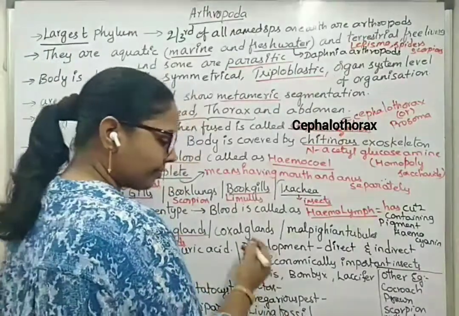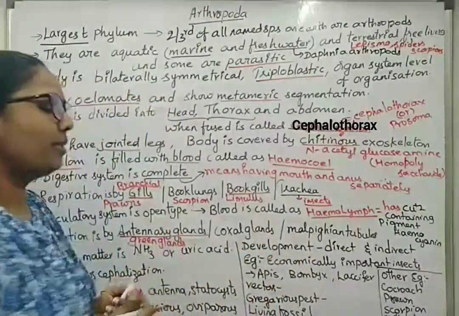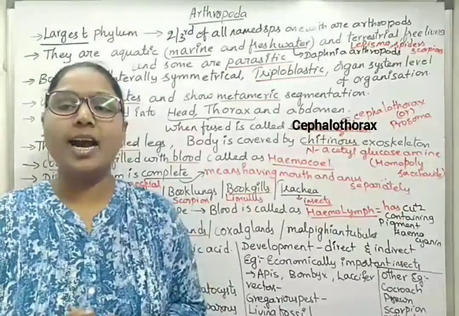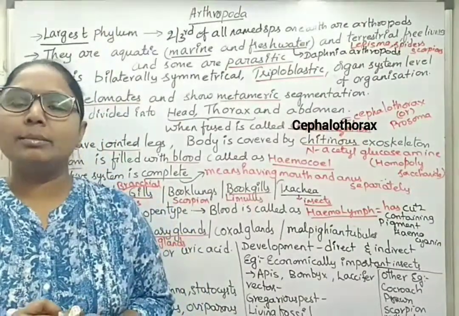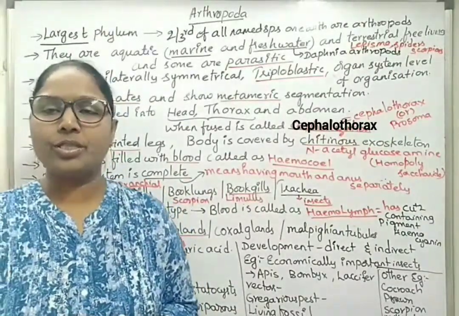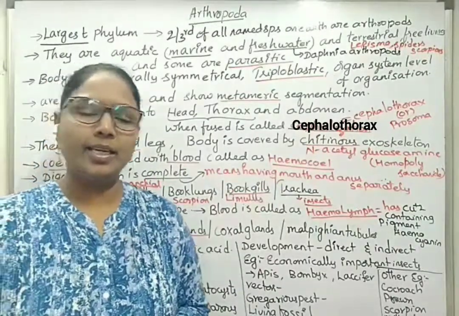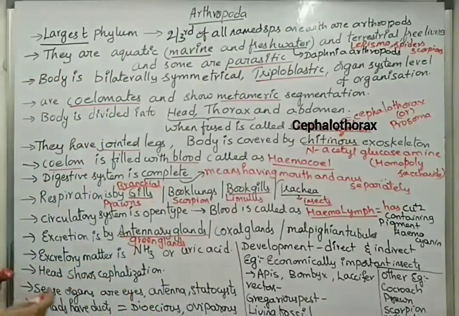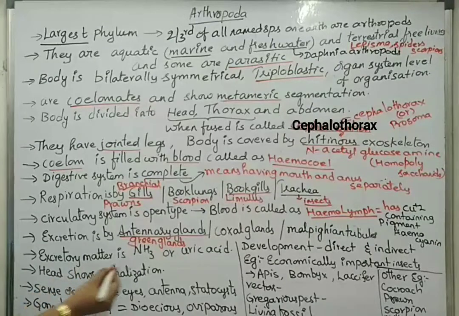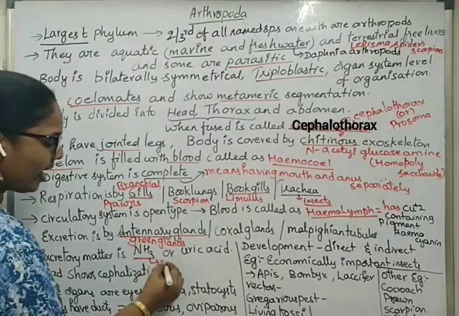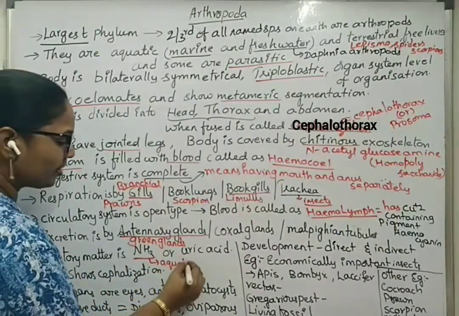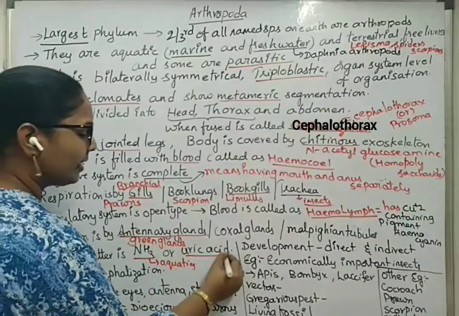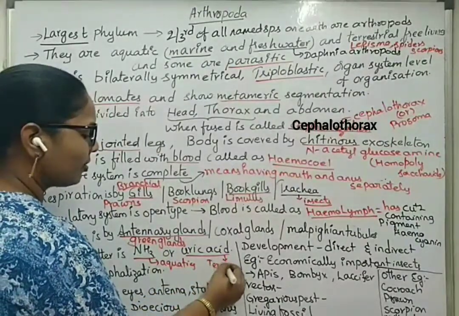Next one, Malpighian tubules. These are present in the hindgut, at the junction of the midgut and hindgut. In cockroach-like insects, we see Malpighian tubules. Next, the excretory matter is ammonia in aquatic arthropods and uric acid in terrestrial arthropods.